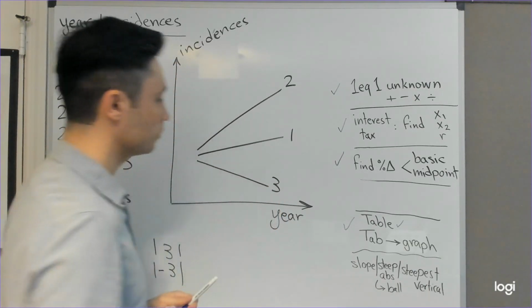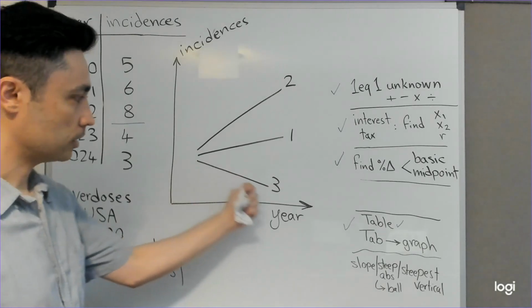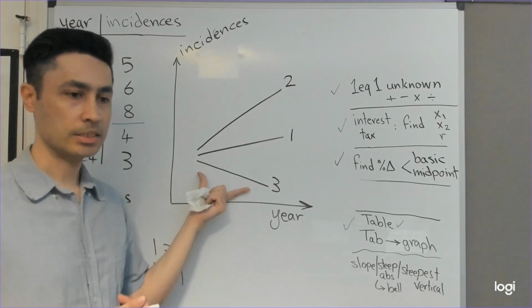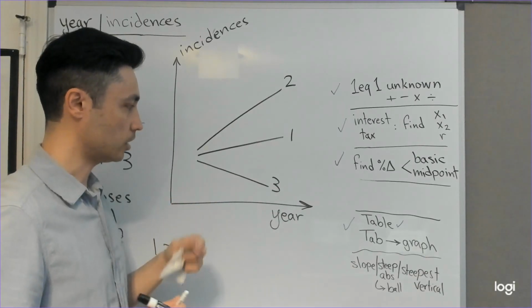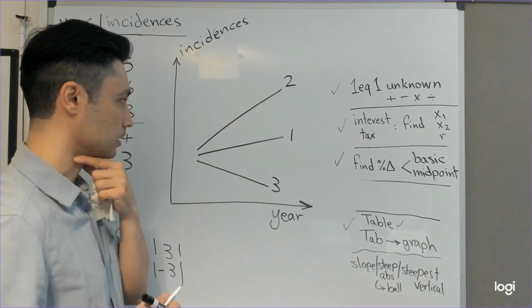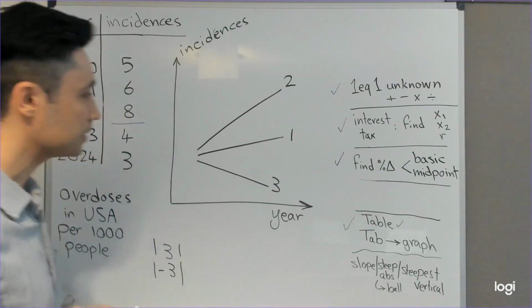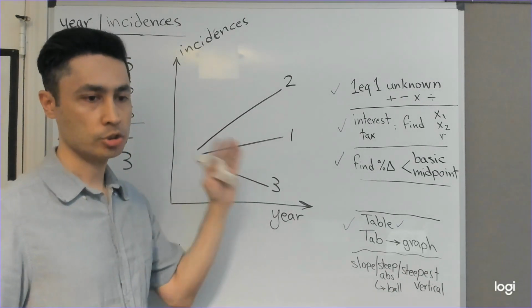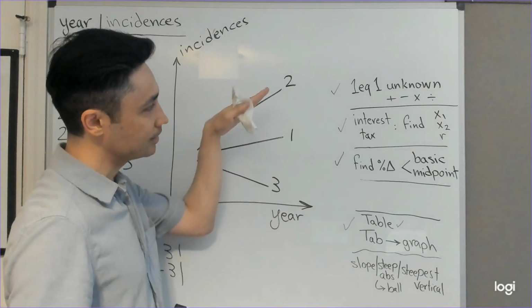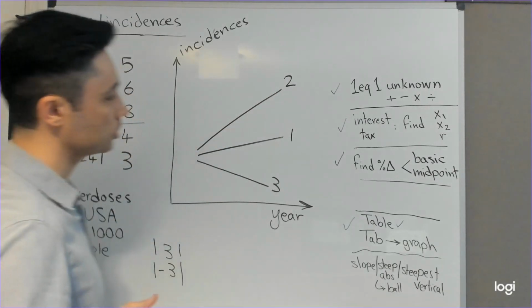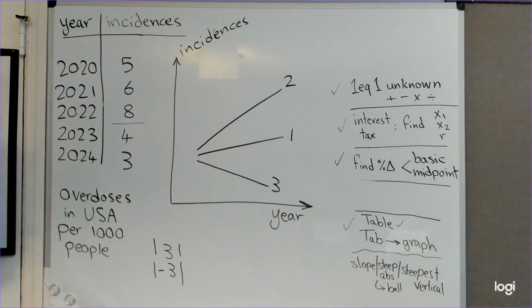You may have a third country for whom the slope is negative, which means in the third country the overdose incidences are falling over time. The negative slope means a reduction in incidences in this case. Now, if you talk about the steepness, it's to say, forget about the sign, just focus on how tilted or how flat the trend is, how rapidly it is changing.